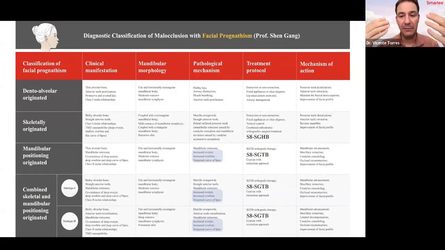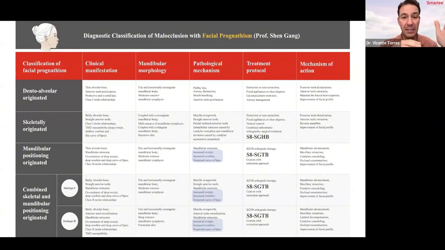If from the beginning we have a patient with increased overbite, we normally have as well an increased curve of Spee, and we need to use the TB, the twin block. So to repeat: if we have increased overbite, so increased curve of Spee, we need to use the TB, twin block.